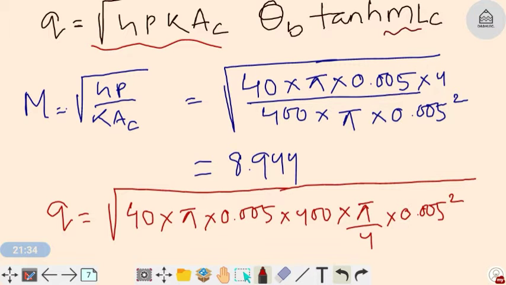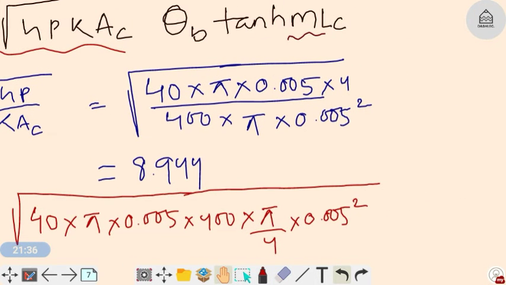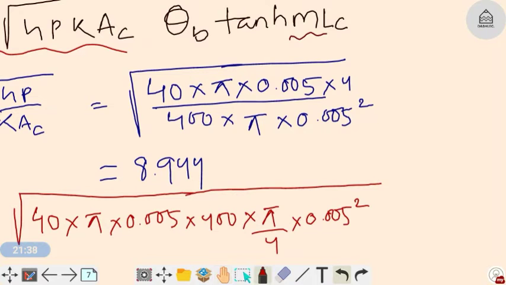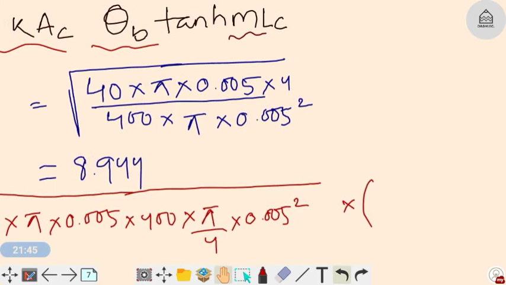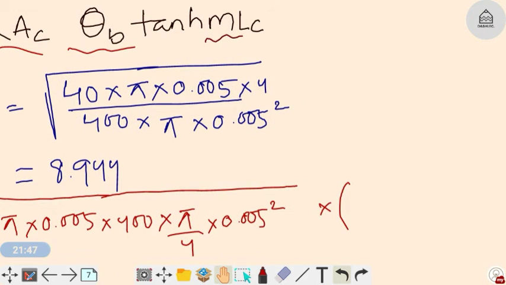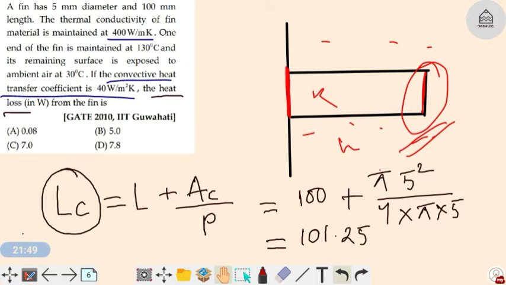Now theta b is Tb minus T infinity. The Tb is given, that is 130, and T infinity is 30.